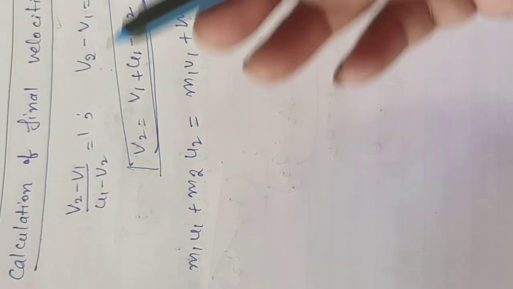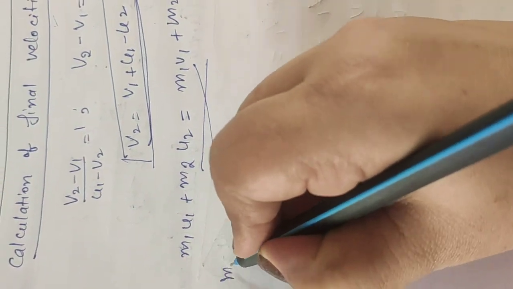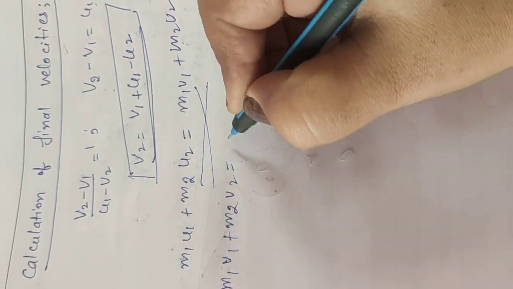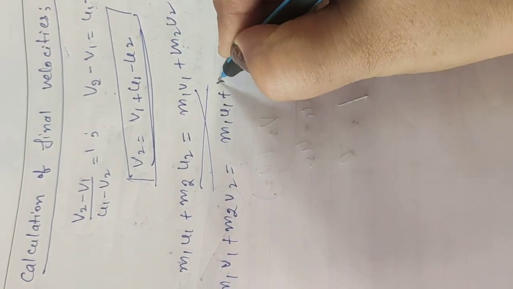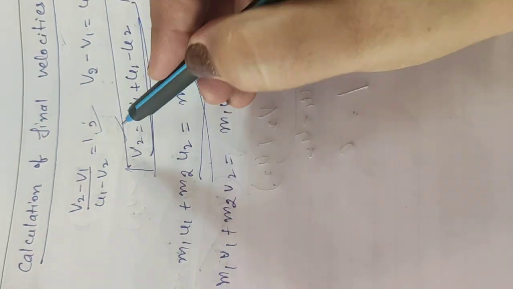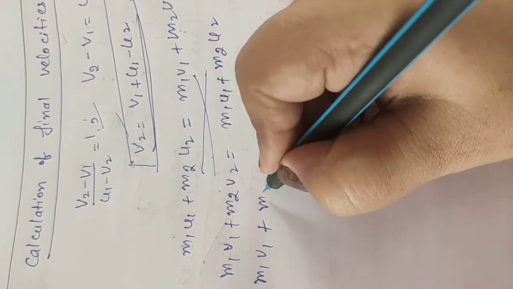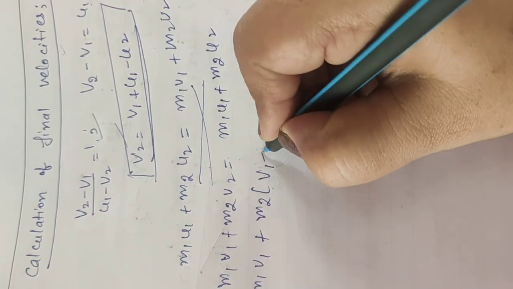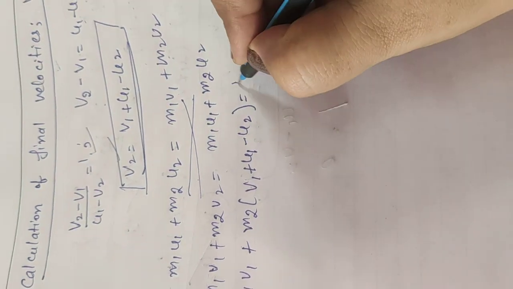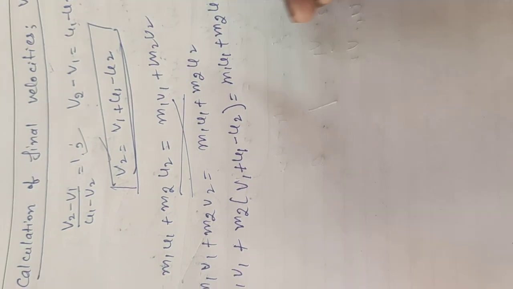Writing it this way, m1 v1 plus m2 v2 is equal to m1 u1 plus m2 u2. Putting the value of v2 from here into this equation, m1 v1 plus m2 times (v1 plus u1 minus u2) is equal to m1 u1 plus m2 u2.